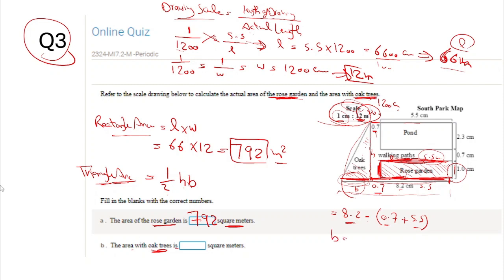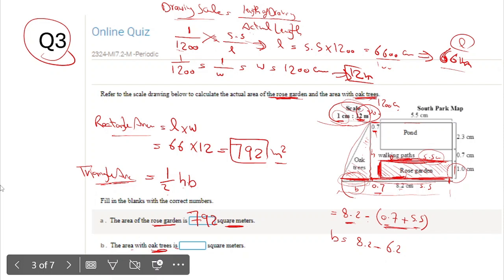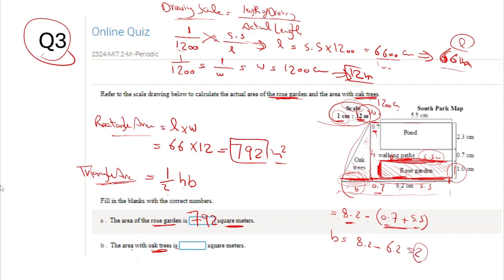So now let's make the calculation. This will be 6.2, so 8.2 minus 6.2 will be equal to 2. So this one is equal to 2.